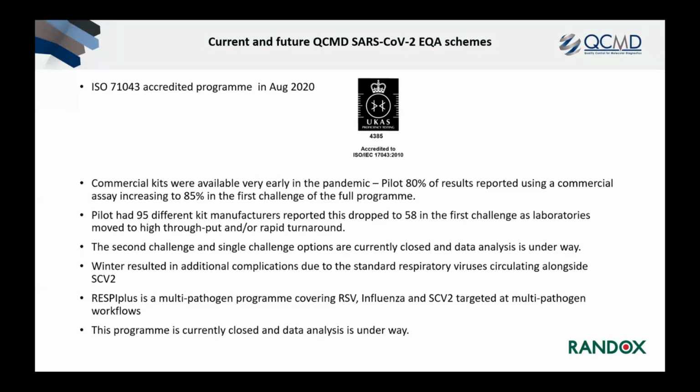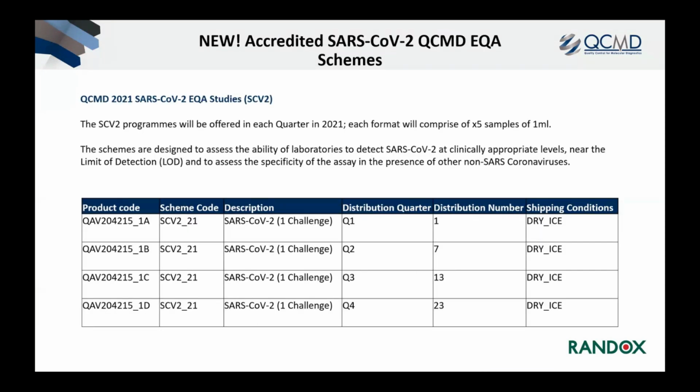Looking to the future and going into 2021, the next slide, we have tried to keep the programmes as flexible as possible. Obviously, SARS coronavirus is changing continuously. So what we have done is we have got a completely flexible format for 2021. We have 4 separate programmes effectively, one in each quarter.